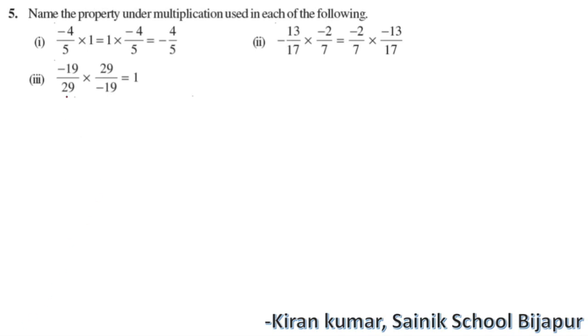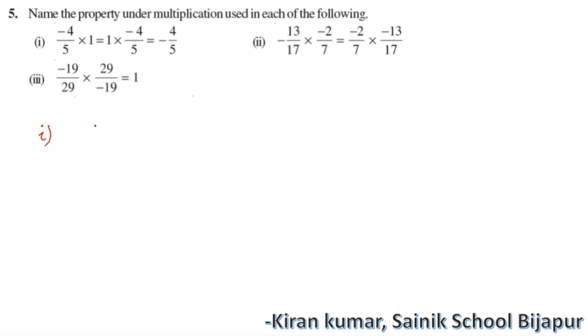Look at question number 5. We need to name the property under multiplication used in the following. In the first one, it's negative 4 by 5 multiplied with 1, which is equal to 1 multiplied to negative 4 by 5, which is equal to negative 4 by 5.